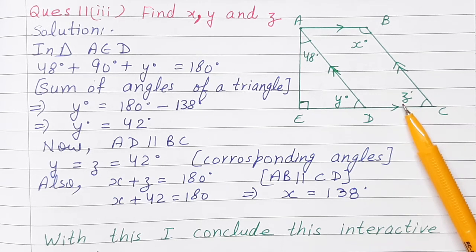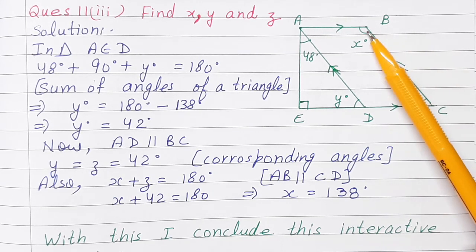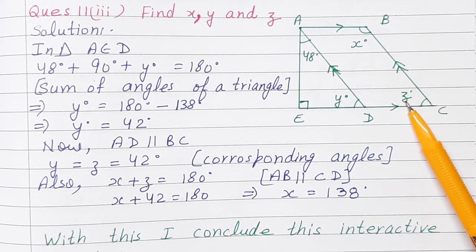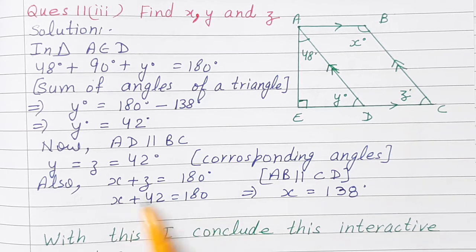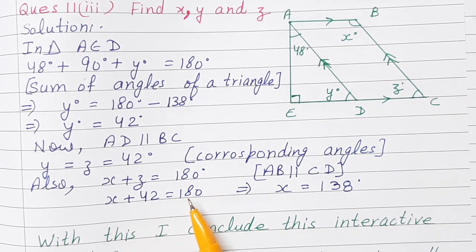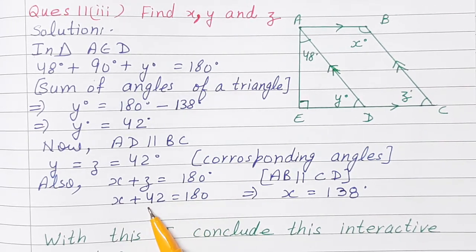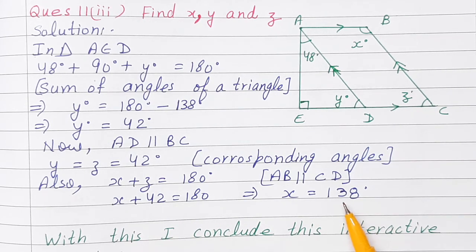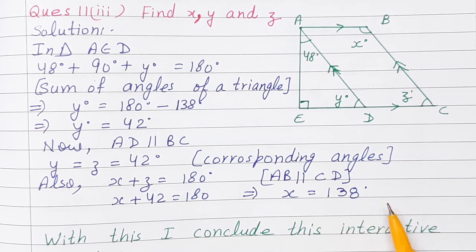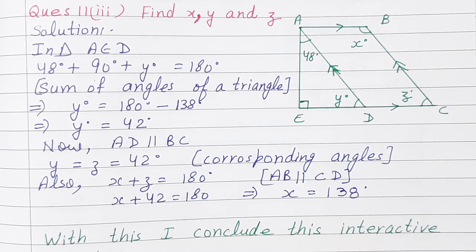So that means x plus z is equal to 180 degrees, right? So x is 180 minus 42 degrees. So x is 138 degrees. I hope it is clear to everyone.